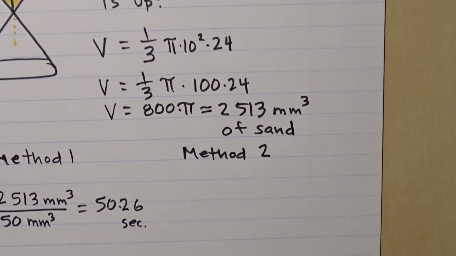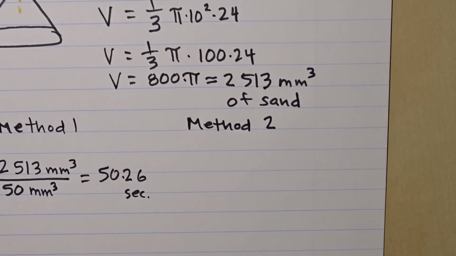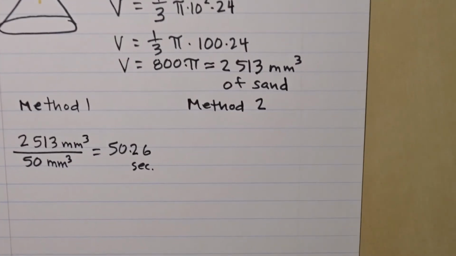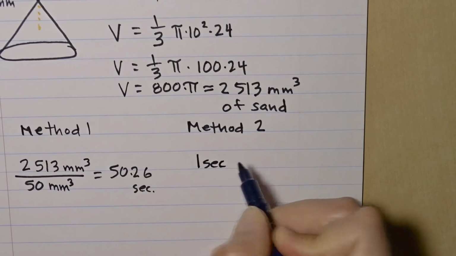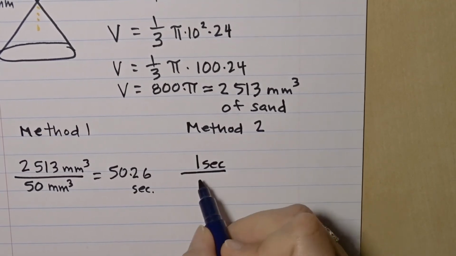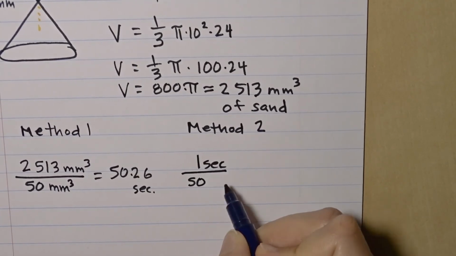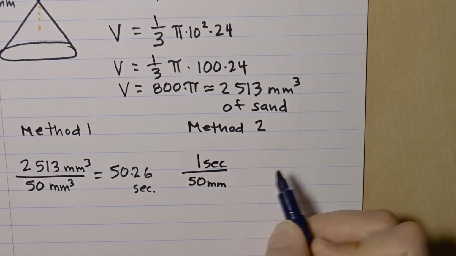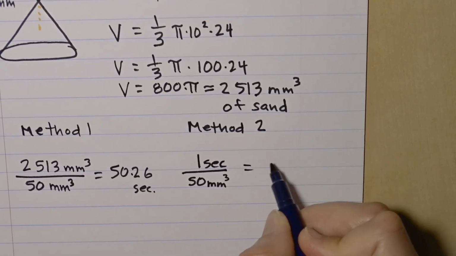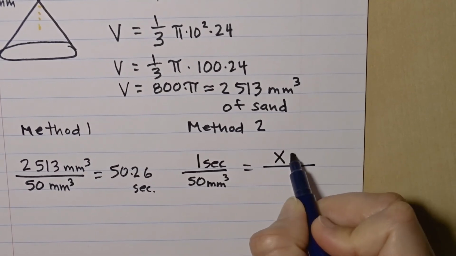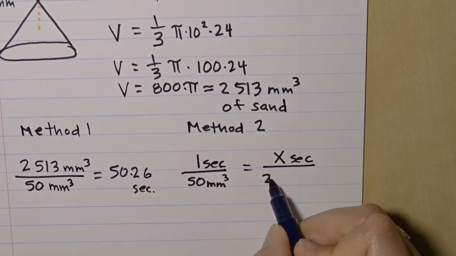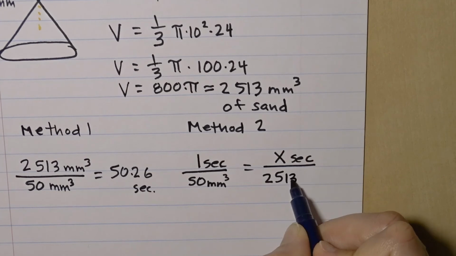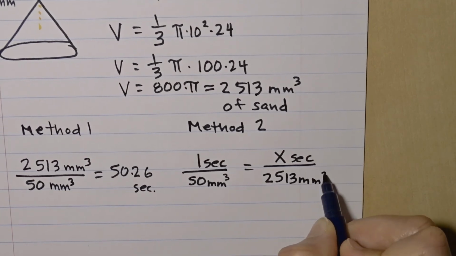However, if you weren't aware of that, method 2 would be the more exact, precise mathematical way of going about this. And that would mean you would set up a proportion. You know that 1 second will drop 50 millimeters cubed. We want to know how many seconds it would take to drop 2,513 millimeters cubed.